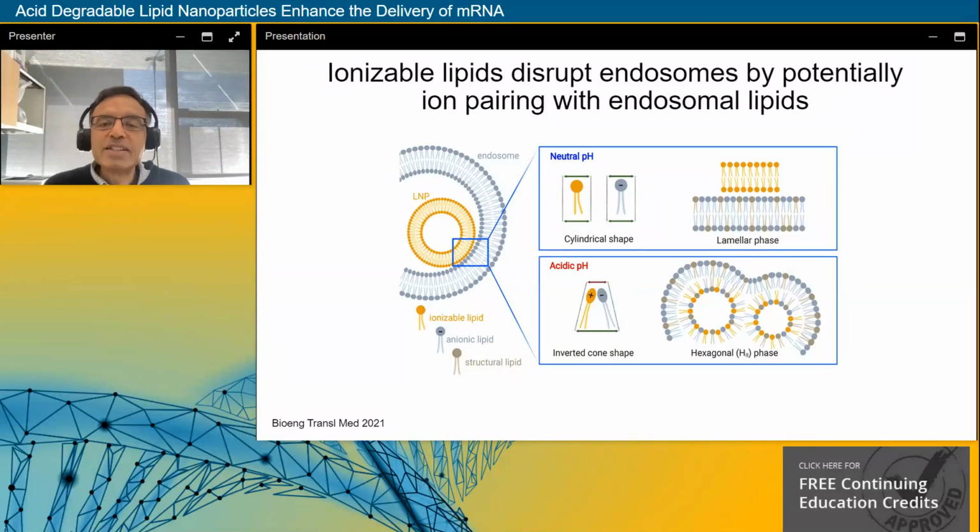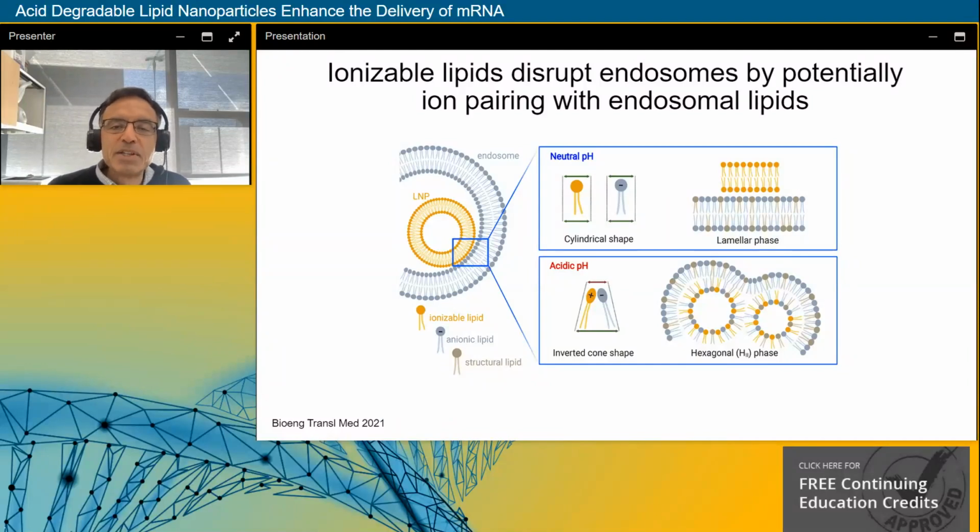But then, once the lipid nanoparticle gets in the endosome, the ionizable lipid gets protonated. It then is hypothesized to flip into the endosomal membrane, which has lots of negatively charged lipids, in particular phosphatidylserine, and it ion pairs with the negatively charged lipids in the endosome. That ends up generating a lipid complex that has an inverted cone shape, and that disrupts the endosome.